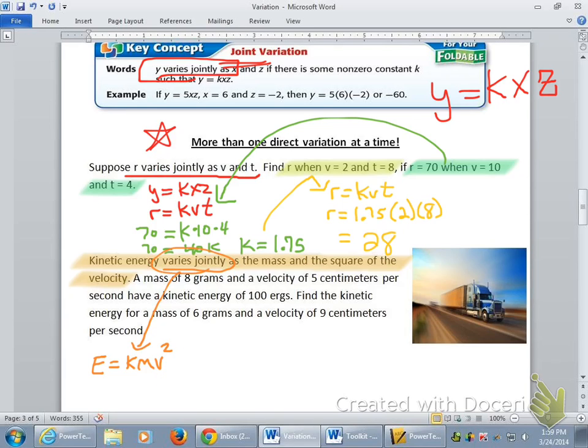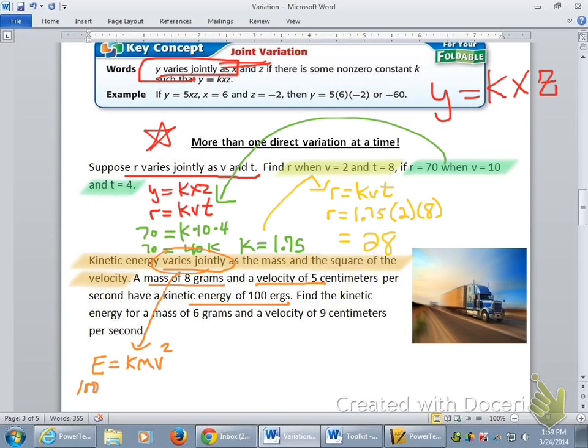All right. So at this point, I should be able to fill in my blanks. They give me a mass and a velocity and an energy. So let's fill those in and let's see what k is equal to.